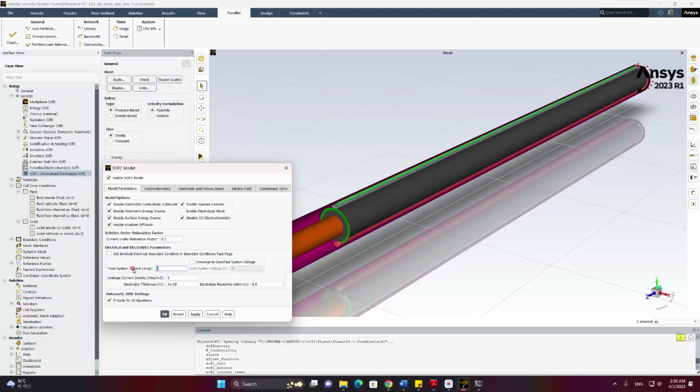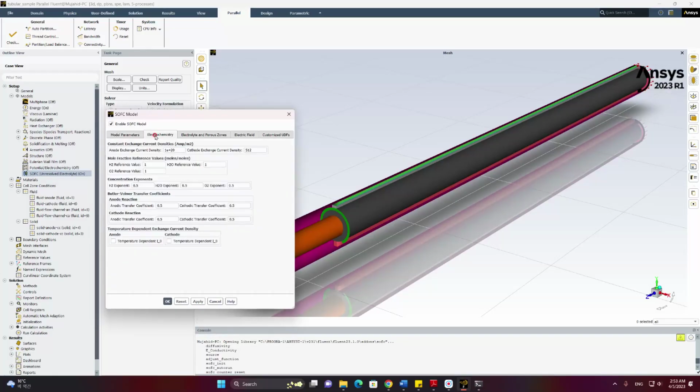The total amperage: initially we always like to converge our simulation to the very lowest system current, so that it gives us the OCV output. The electrochemistry has given values of 1 exponent 12, 20, 5 and 2.